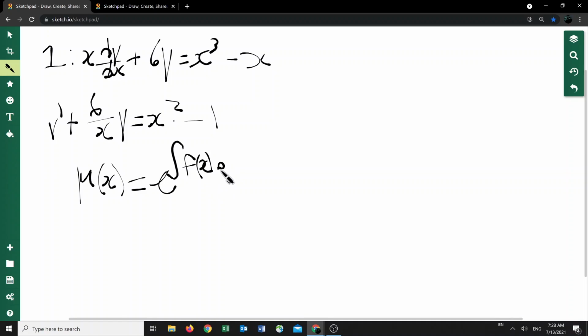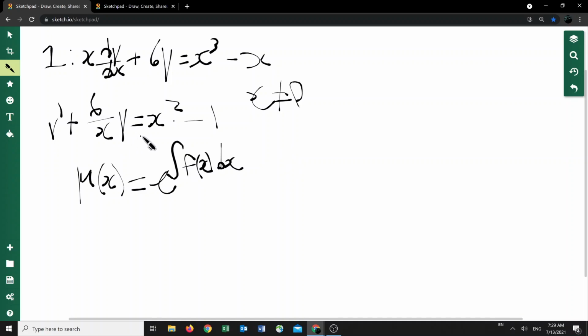Well, it's not a definition; we proved this in the previous video. Here f of x is the coefficient of the y term, so in this case we're integrating 6 over x. Notice that by dividing both sides by x, this is a subtle note, but x cannot be 0.